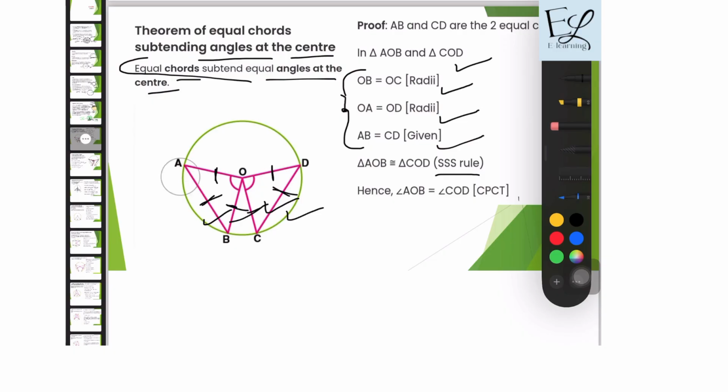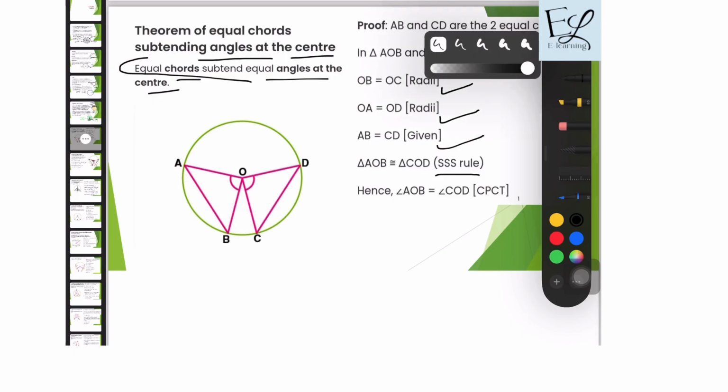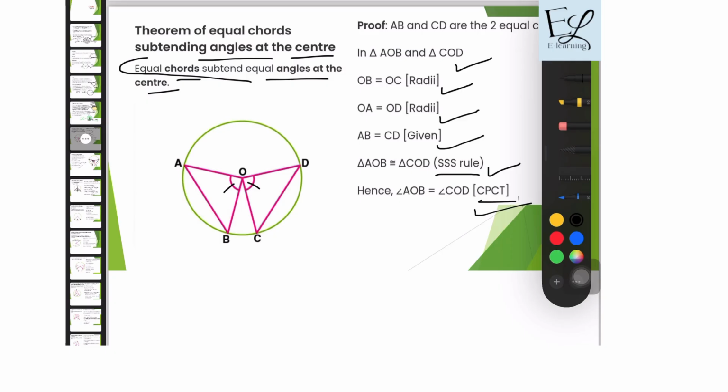Now, if we have proved that these two triangles are congruent, we can say that their corresponding parts will also be equal. So we can say now angle AOB will be equal to angle COD by CPCT, corresponding parts of congruent triangles.